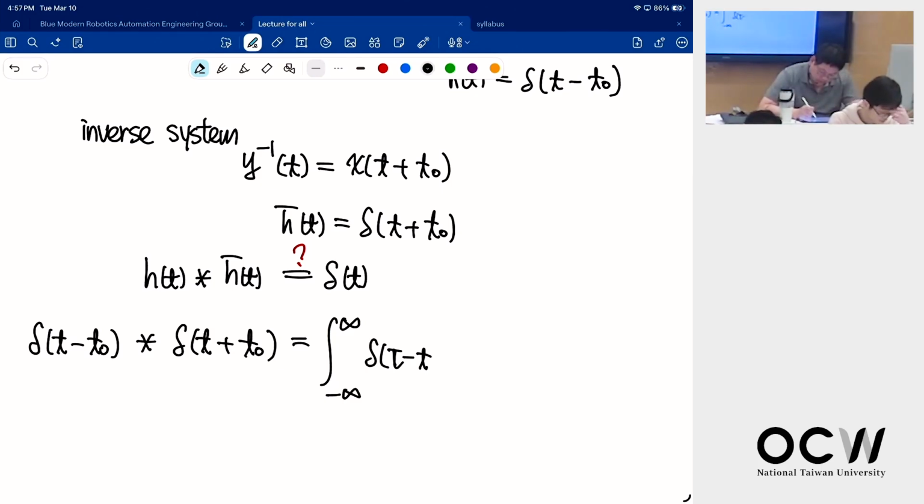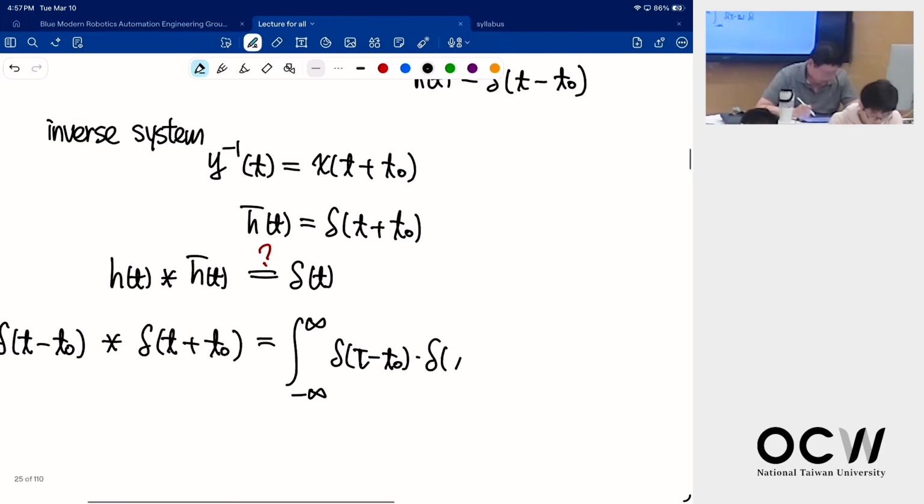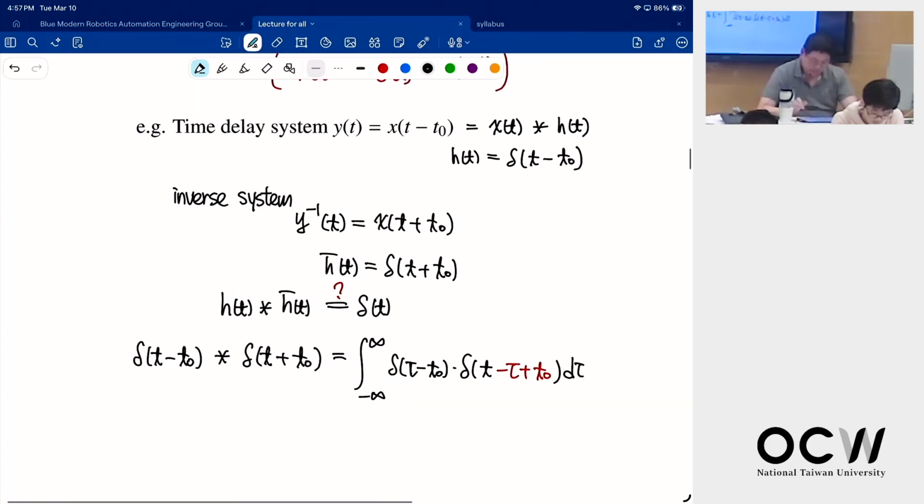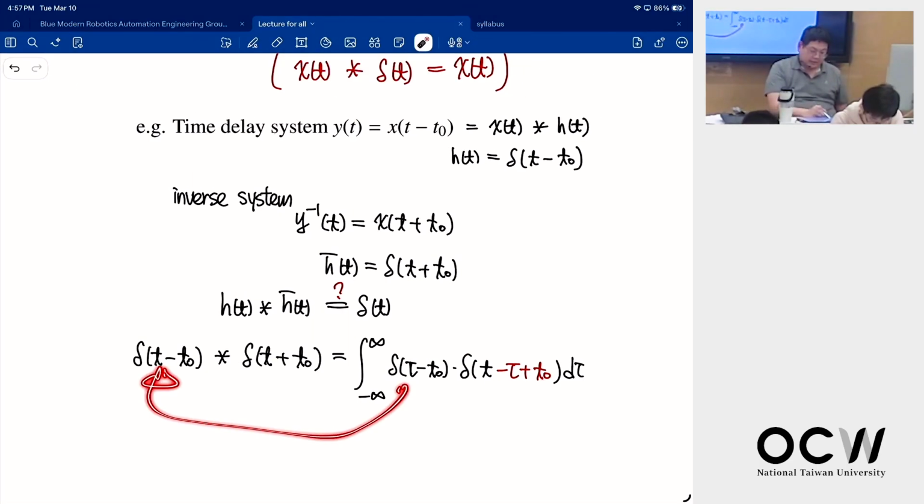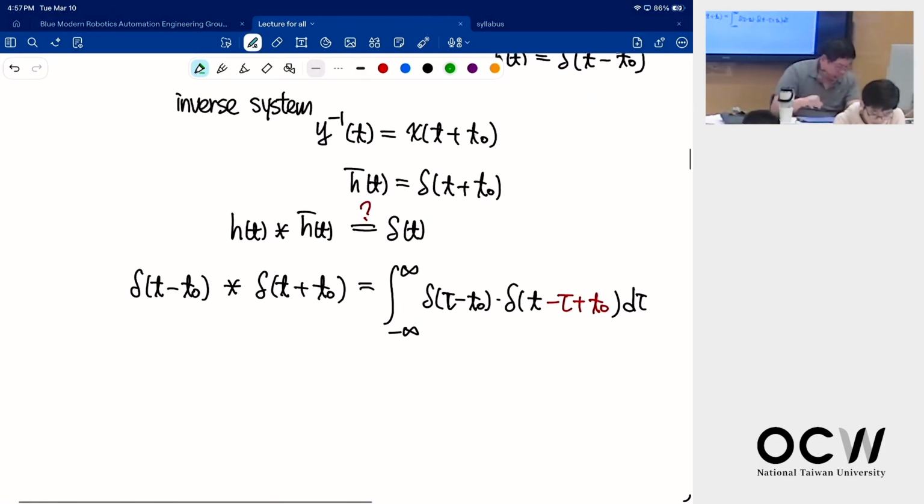Tau minus t naught, and here delta t minus tau plus t naught d tau. This is the same, right? Here I flipped and I shift. So that's changing variables.